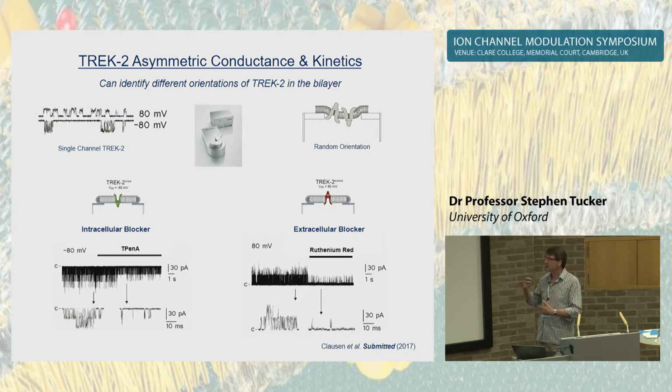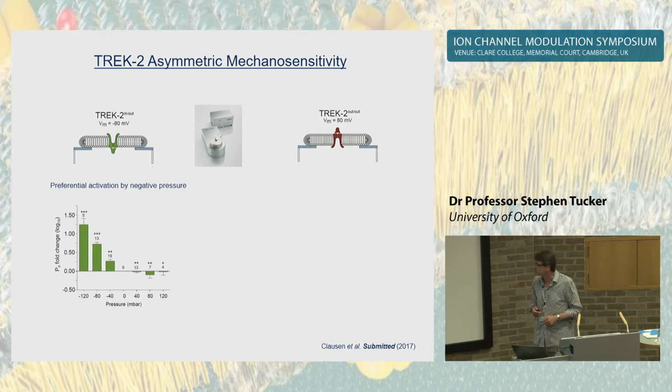So we really do know the orientation of the channels in the bilayer, in addition to just using their different conductances. So what actually happens when we apply asymmetric stretch?